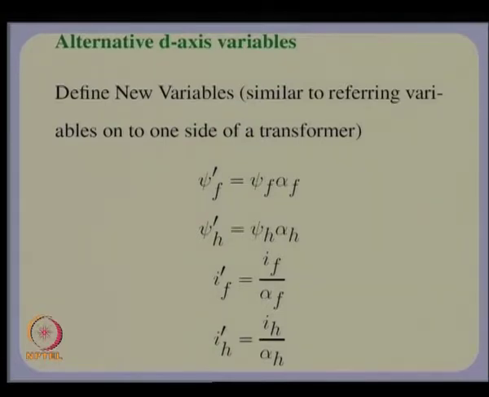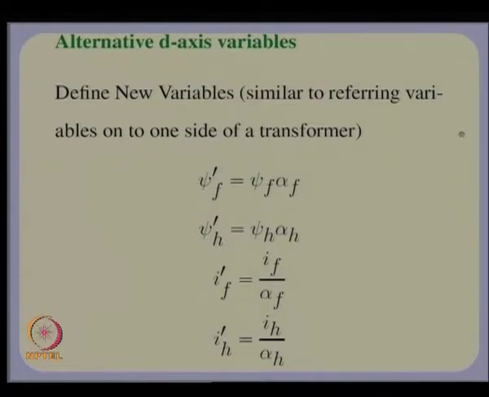So, what we are doing is a kind of turns ratio transformation. It is similar to referring the variables to one side of the transformer. Now, you have got psi f, psi h, I f and I h. These are the interrelationships which we are going to use.